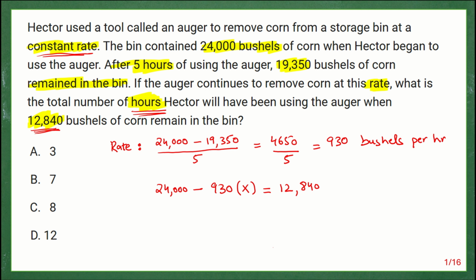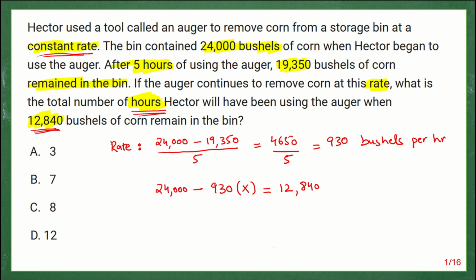Now we just need to solve this linear expression and figure out the value of x. So let's simplify this thing. It will become 390x equals 24,000 minus 12,840.